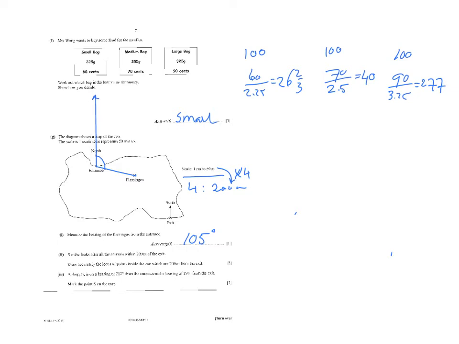Draw accurately the locus of points inside the zoo which are 200 meters away from the exit. The exit is here, and all the points 200 meters away, so 4 centimeters away, you have to use your compass. I can't do that on a tablet, but you open your compass 4 centimeters, and then you draw the arc of your circle, that part of the circle inside the zoo. I'm going to try the best I can with a ruler, but you have to use a compass.